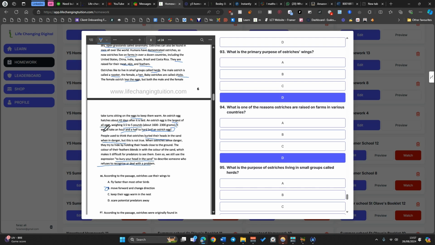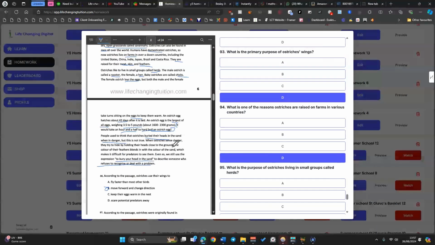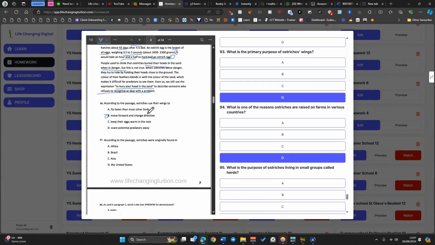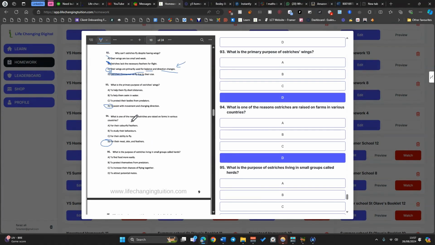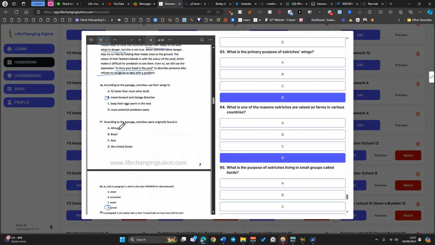That seems to be the only information that we've got on here about why they live in herds. An ostrich egg hatches in about 42 days, the largest egg. There is no other information on it, so let's have a look. To find food more easily, to protect themselves from predators, to increase their chances of flying together, or to attract potential mates. This is a tough one.